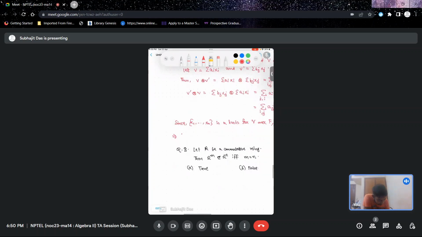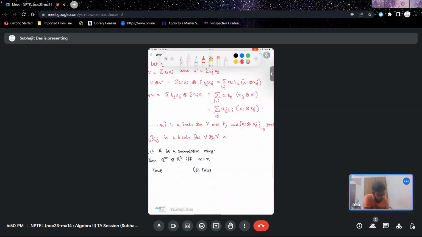So this implies that x_i tensored with x_j, over i, j, is a basis for V tensored over F with V over F.